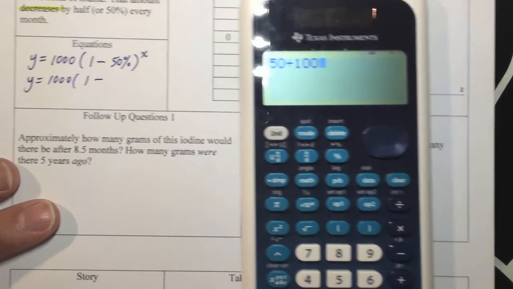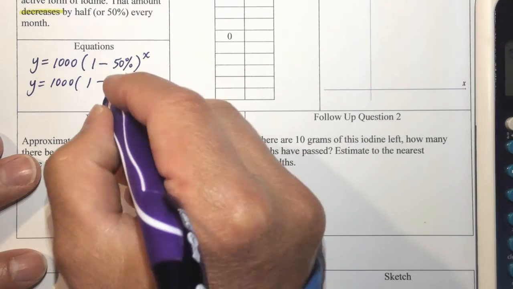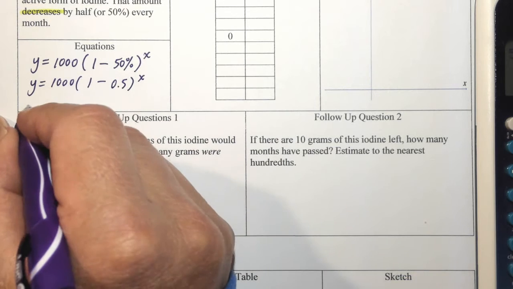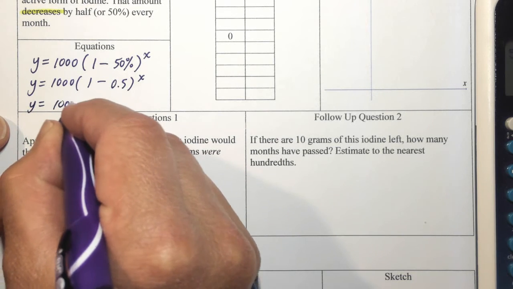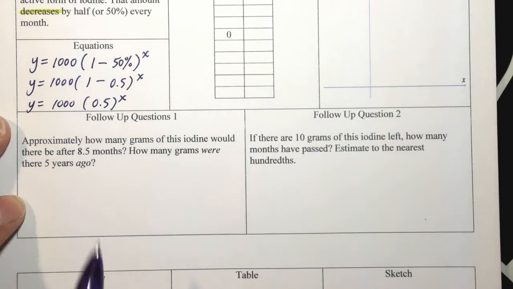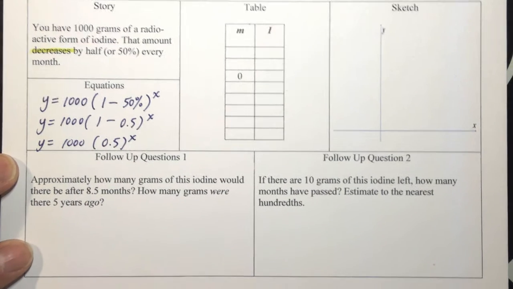Percent means out of 100. So divide by 100. 0.5. Okay, and then 1 minus 0.5 is obviously 0.5. Or we could put a half there. That's why it's called half-life.